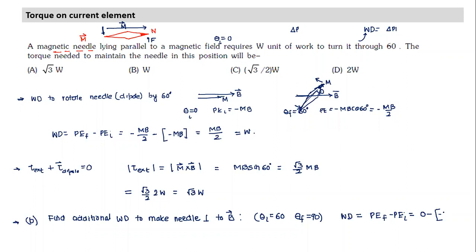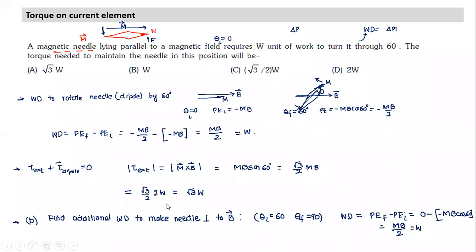This will be equal to minus MB cos 60. So what is the work done? It will be equal to, again, MB by 2. What does this mean? Whatever work I have done to rotate it from 0 to 60 degrees, the work done to rotate from 60 to 90 also will be equal to W.